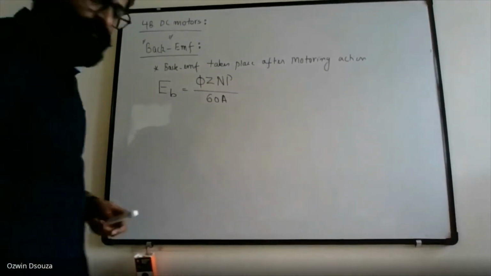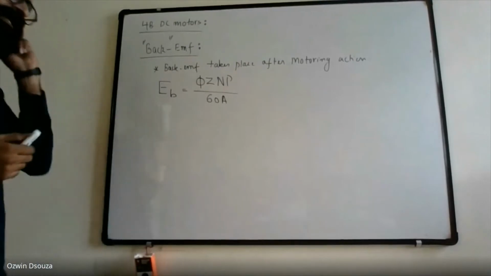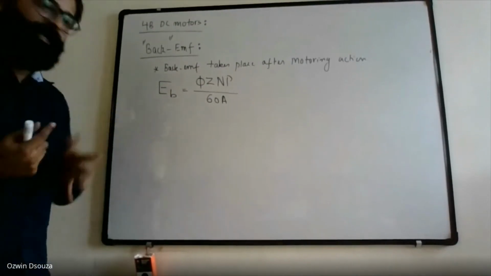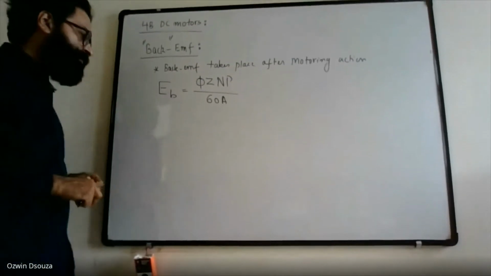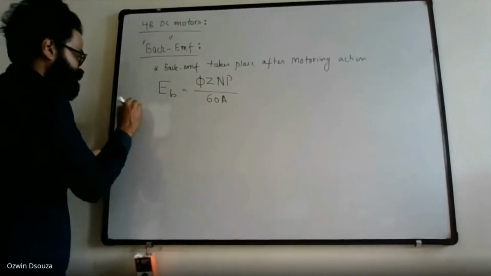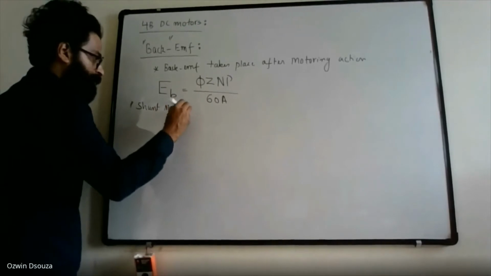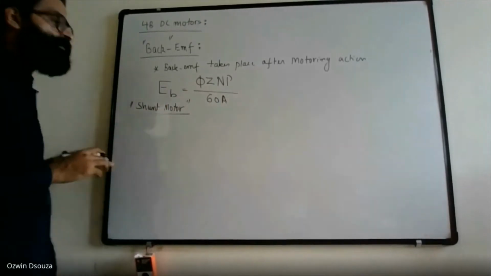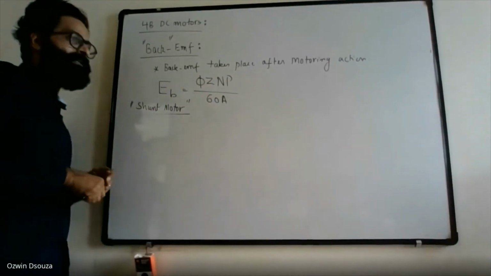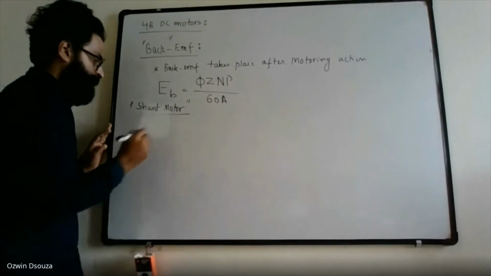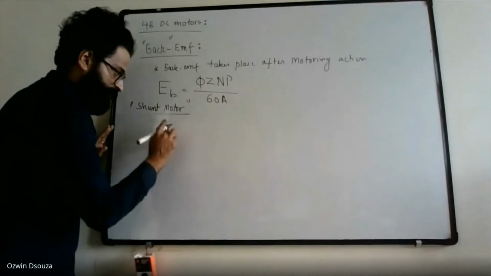Now, we can write an expression for back EMF with the electrical circuit as well. So, for that sake, let us consider a shunt motor. So, basically, what we are trying to do is to develop an electrical equation for back EMF. Okay. So, let's first draw the motor.